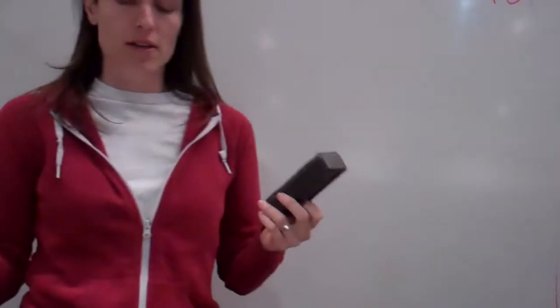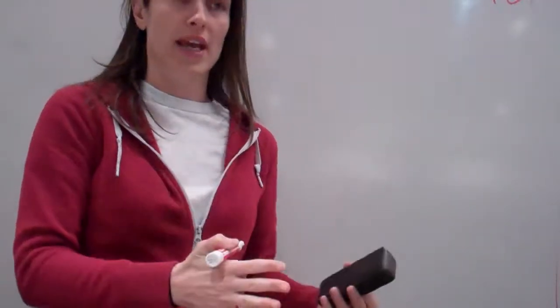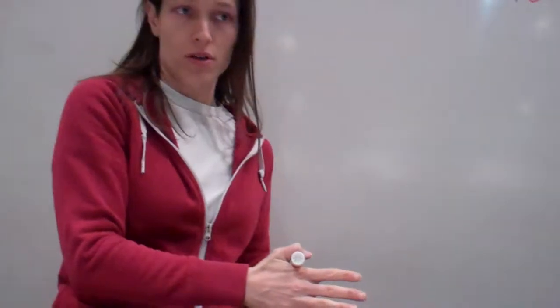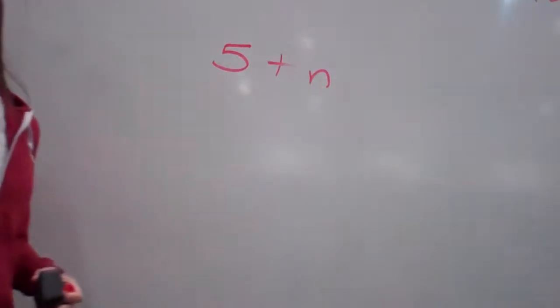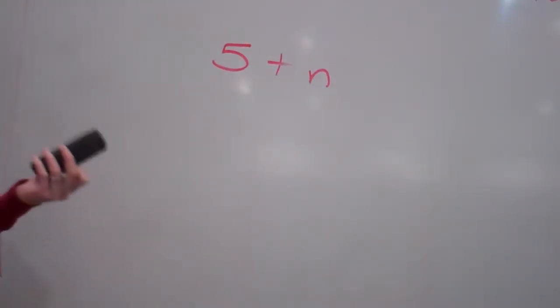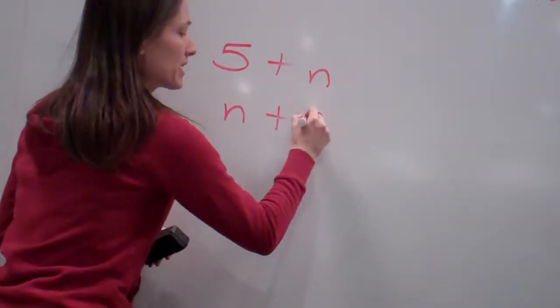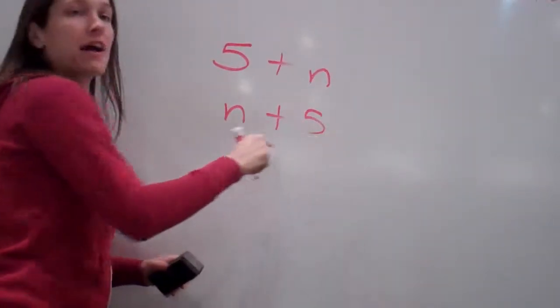Let's try the next one. This one is a little bit more confusing. It says 5 more than a number. Now, you may think you would write 5 more than a number in that order, but it's actually written like this, because I have a number and 5 more.